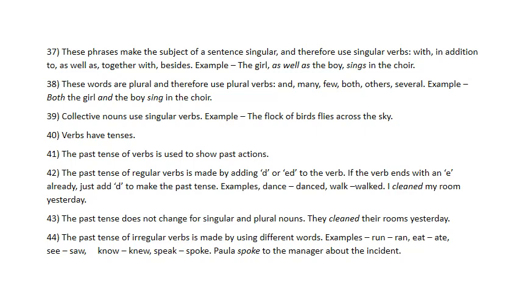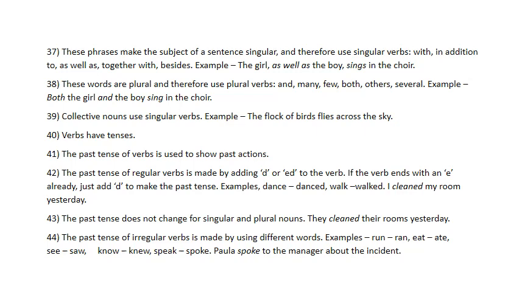These phrases make the subject of a sentence singular and therefore use singular verbs: with, in addition to, as well as, together with, besides. Example: the girl as well as the boy sings in the choir.